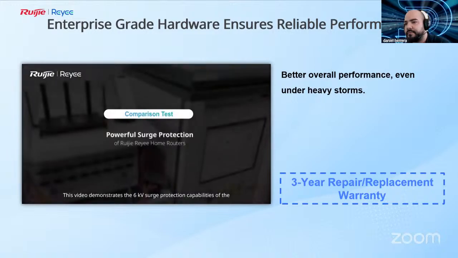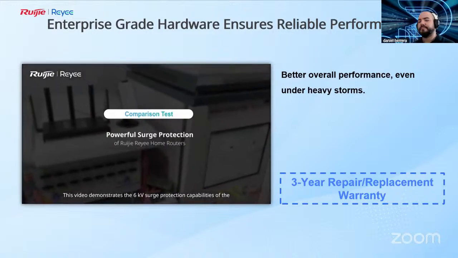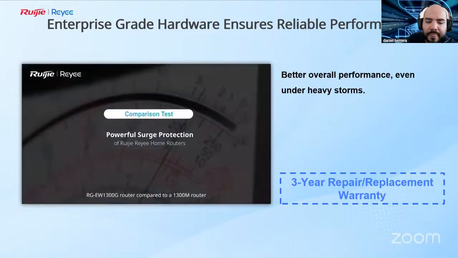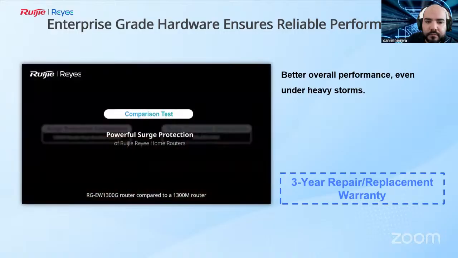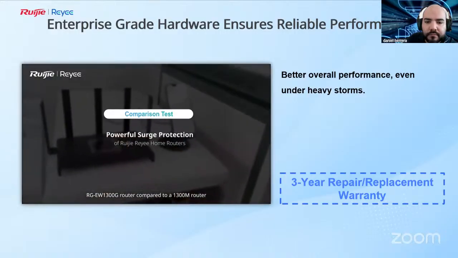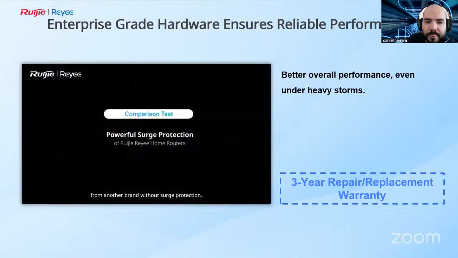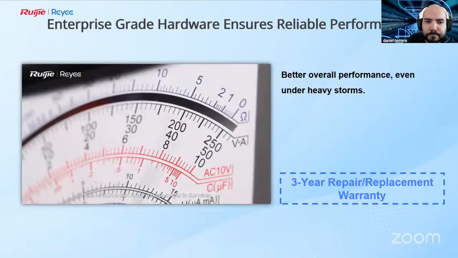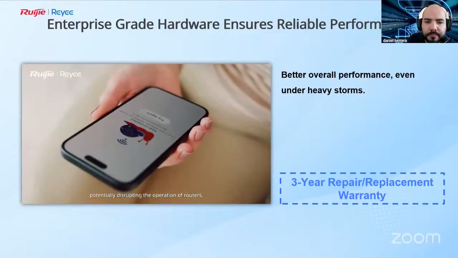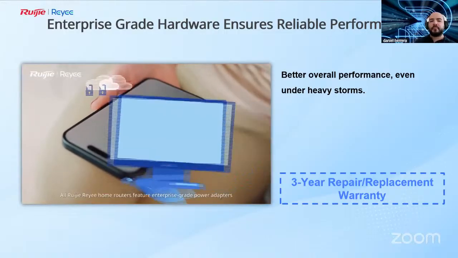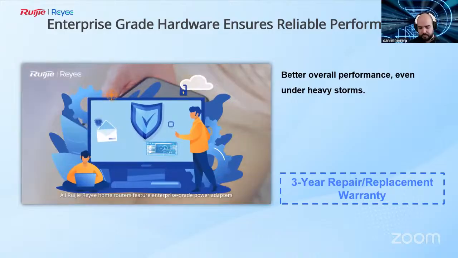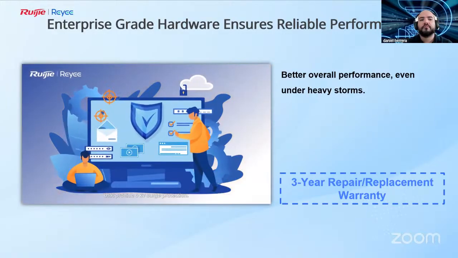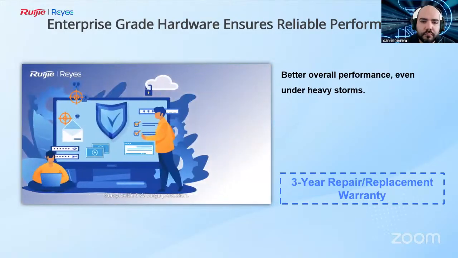This video demonstrates the 6 kV surge protection capabilities of the RGEW1300G router compared to a 1300M router from another brand without surge protection. Thunderstorms can cause voltage surges in the wires, potentially disrupting the operation of routers. All Reyee home routers feature enterprise-grade power adapters that provide 6 kV surge protection.